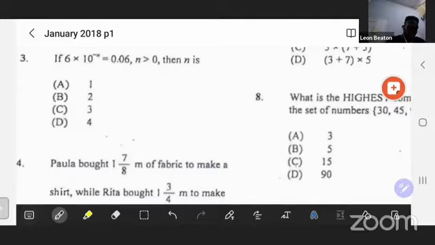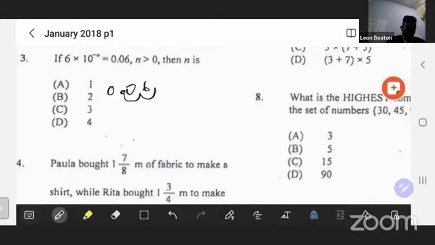So we just need to find the value of n, and we say that this 6 here, if you multiply that by a power of 10, it will become 0.06.